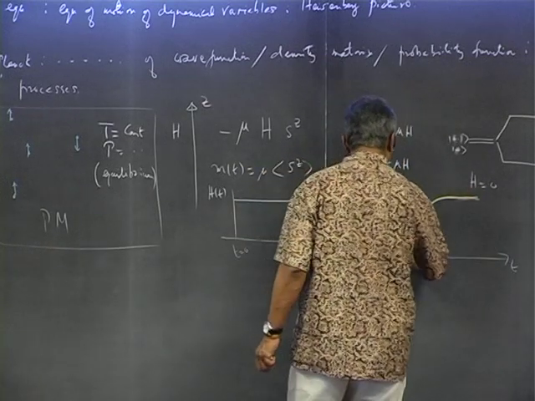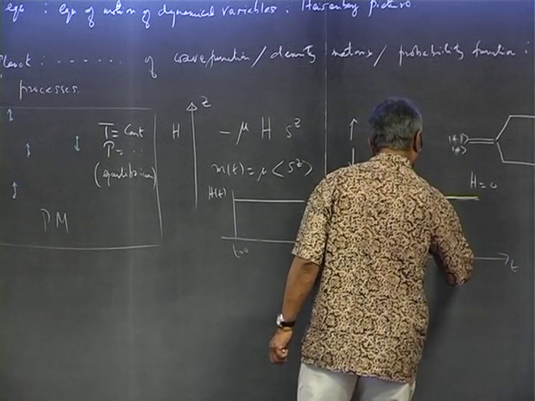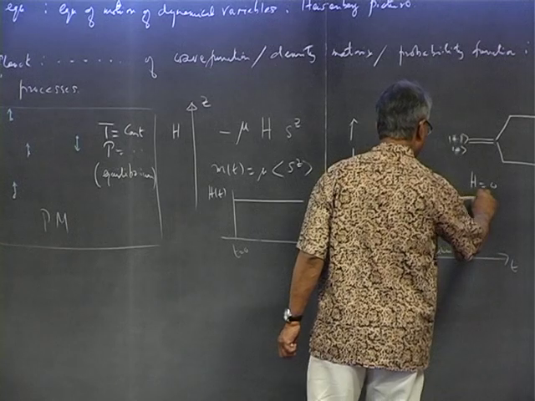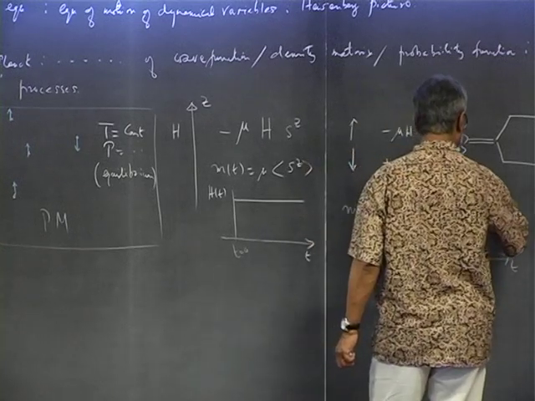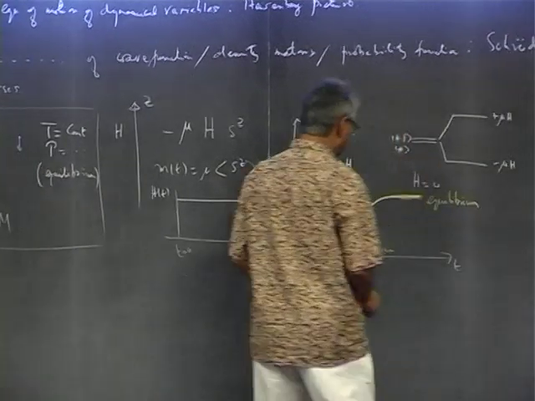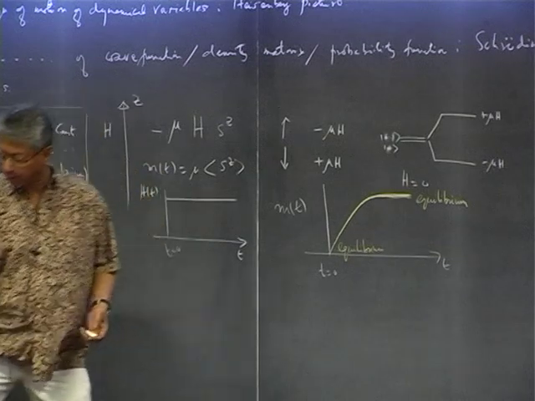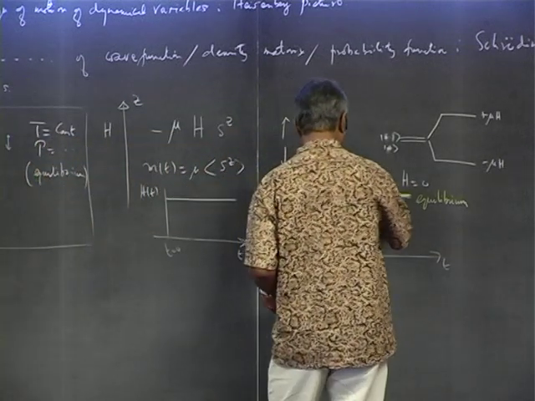So you had equilibrium here, and you also expect to have equilibrium asymptotically as time t goes to very large. But in between, you go through a non-equilibrium situation where the magnetization is a function of time.